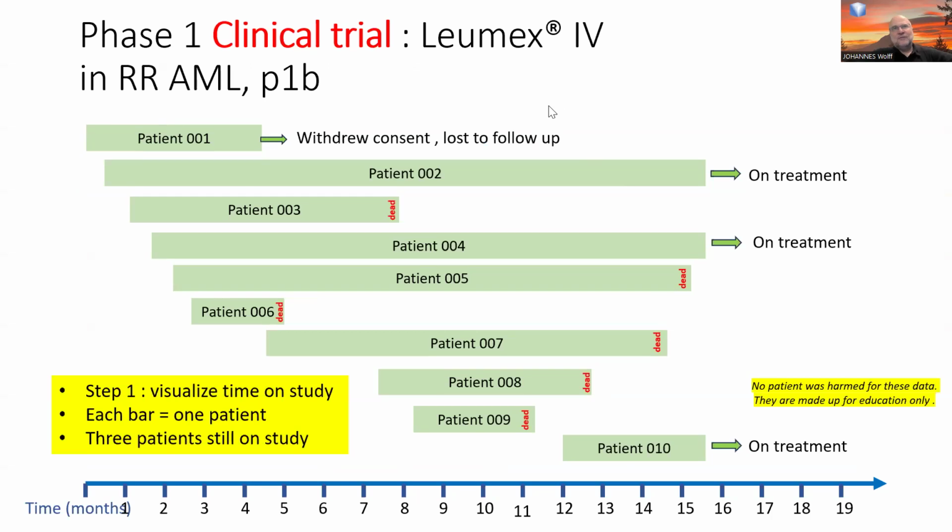Let's go to people. This is still theoretical data. And please take into account, we're now talking about death of people. This is theoretical, but it is still very real. This is what really happens in cancer research.